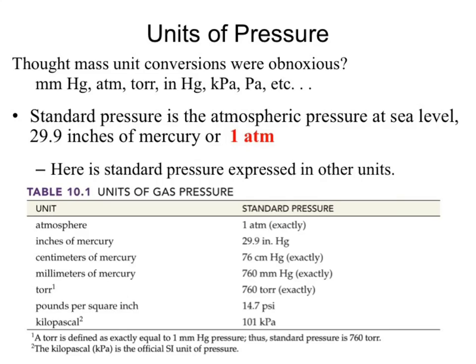So if I want to convert atmospheres into inches of mercury, what's my conversion factor? 1 atmosphere is 29.9 inches of mercury. But what if I want to convert atmospheres into kilopascals? 1 atmosphere is exactly 101 kilopascals.